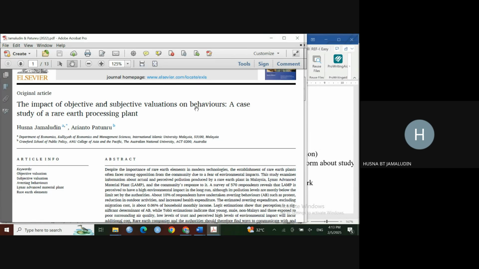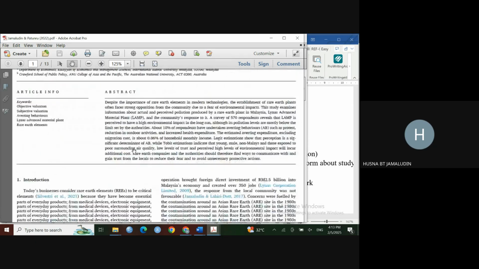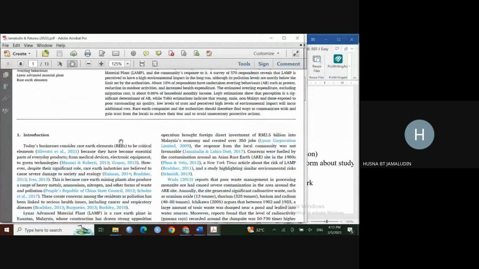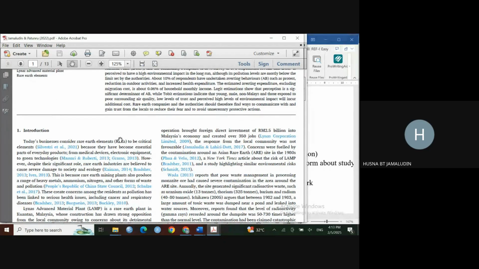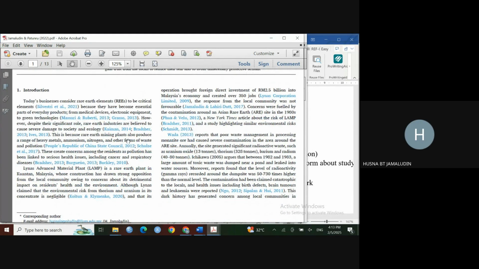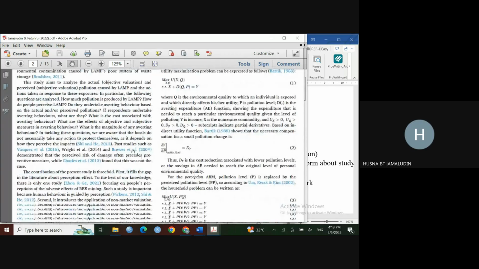You want to see whether people's behavior changes because of the actual scientific data or because of their perception. So this is the topic. So the significance: why do you want to know whether people change their behavior because of actual data or their perception? Let's see what is the significance of this study.